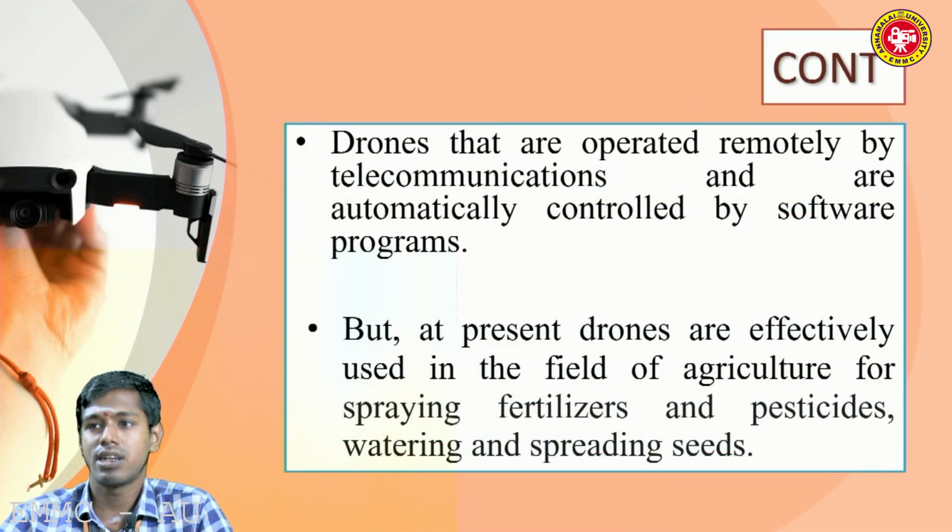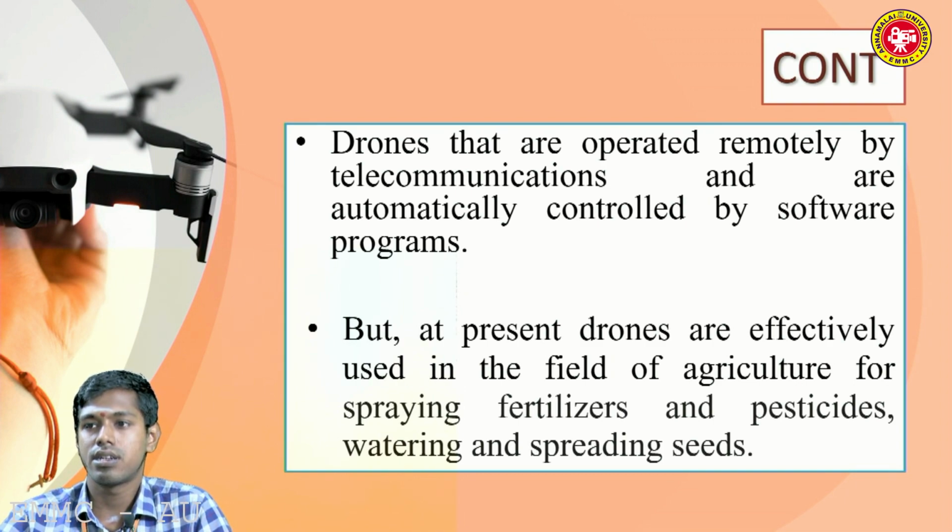The drones are operated remotely by telecommunications and by using many software programs. The software programs are developed by many technologists, and are used by farmers to monitor their lands and their animals, as it is also used in animal husbandry.